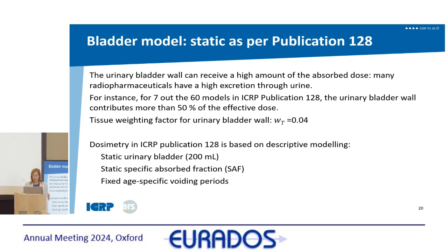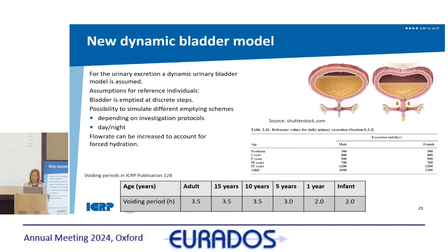Another interesting and important point of the new models is the bladder model. The bladder is an important organ in nuclear medicine, since many radiopharmaceuticals have a high excretion through urine. So the previous model was static, and now a dynamic urinary bladder model has been developed, which assumes a stepwise emptying of the urinary bladder at discrete times.